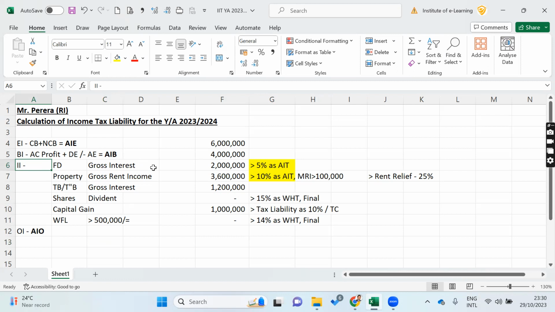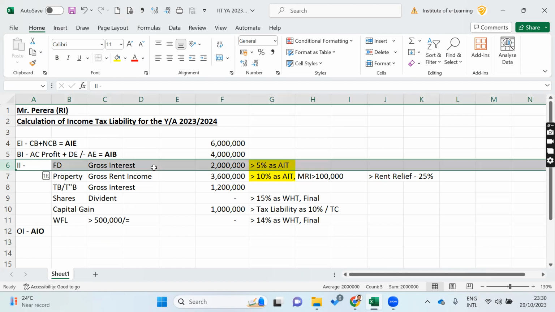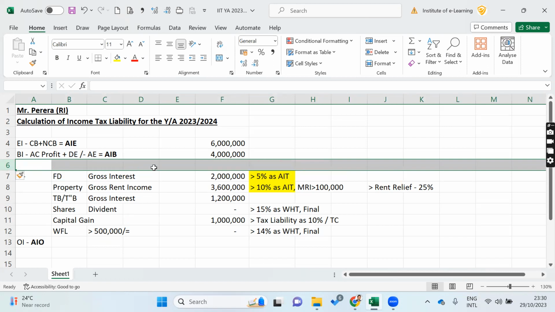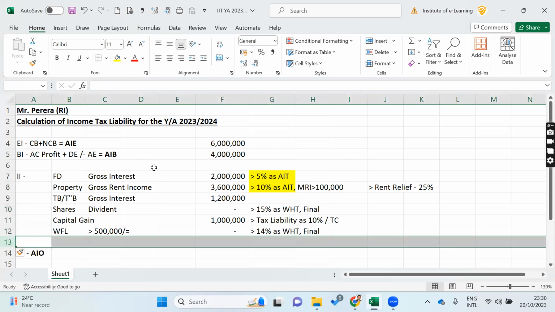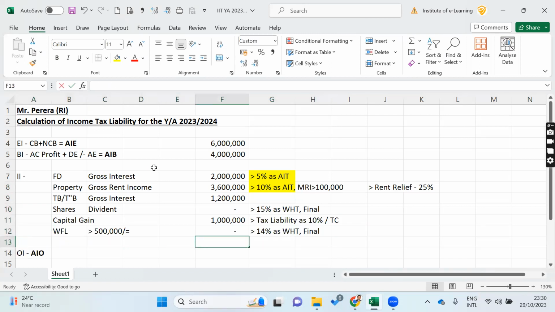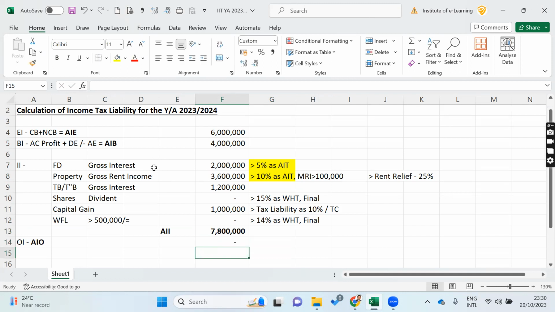Usually you will not have. Here this is assessable income from investment in total. So other, I would say 0.